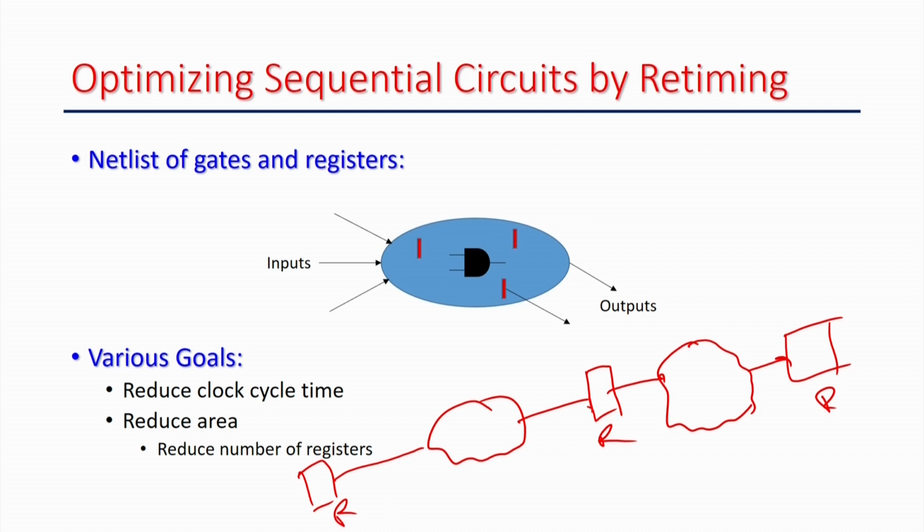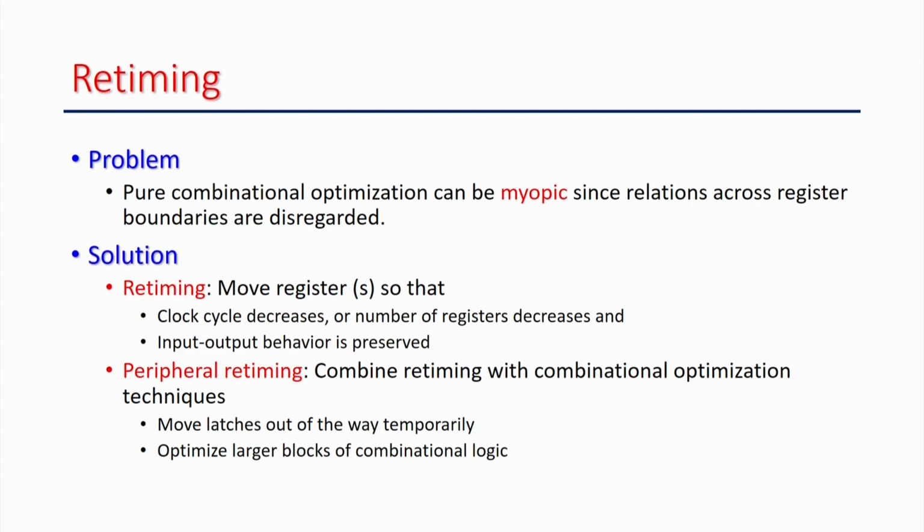We can do several kinds of optimizations on the combinational circuit, which is easy, where we try to merge some gates to reduce the size. But at the end of the day, if the registers are very far apart and the combinational circuit is very long, whatever combinational optimization you do between two registers may not be sufficient to reach your target clock.